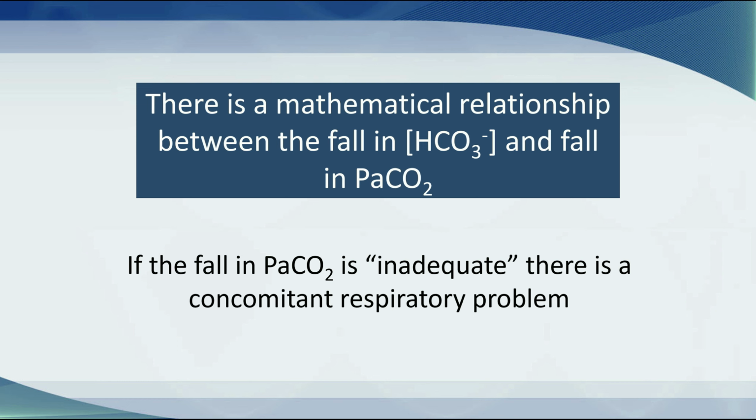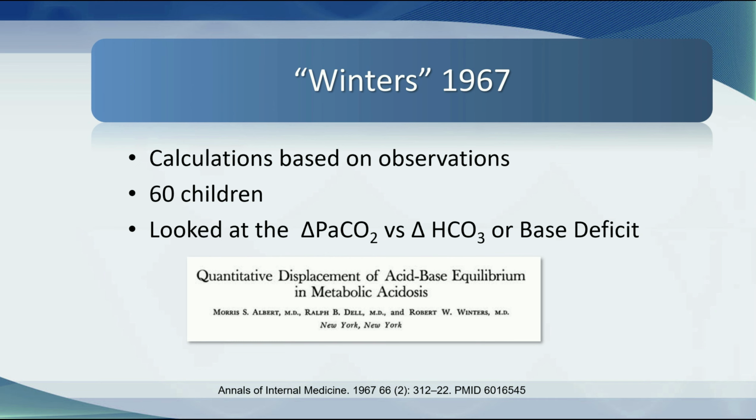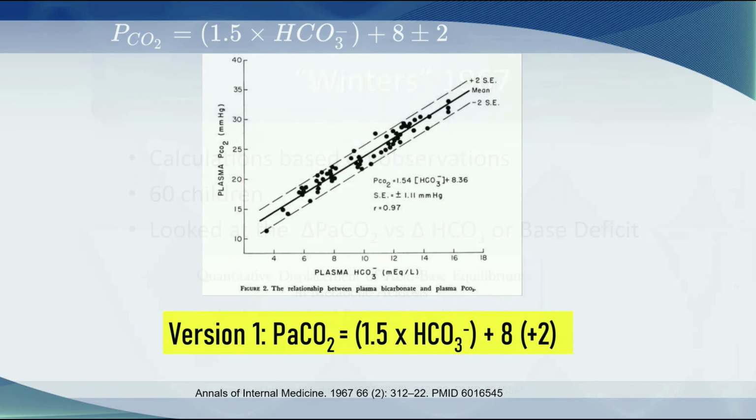And if the CO2 fall is inadequate for the degree of fall in bicarbonate, there is a concomitant respiratory problem. The landmark work on this was performed by Winters in 1967, looking at the relationship between the PaCO2 and the bicarbonate or the base deficit.